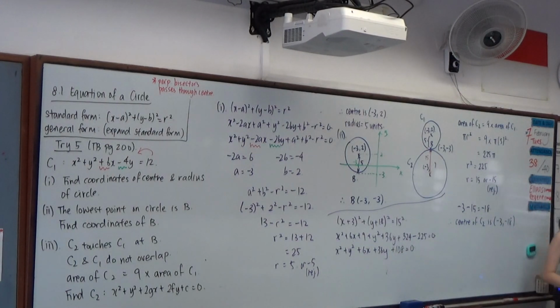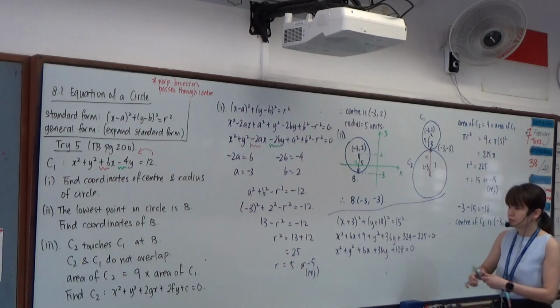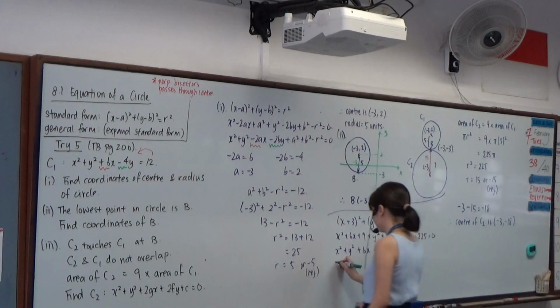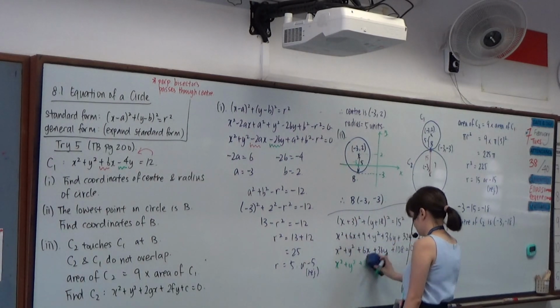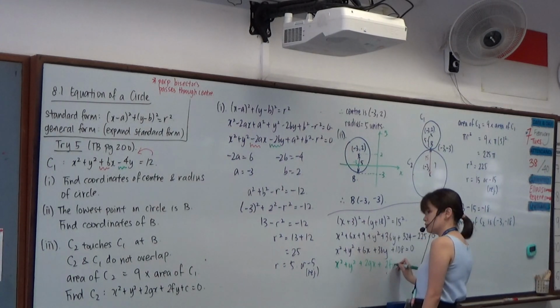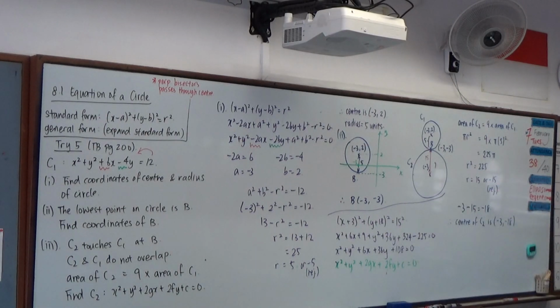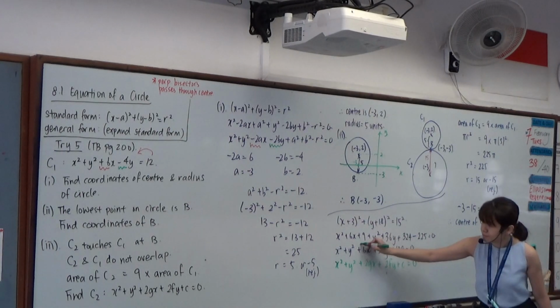Upon expansion and simplification, we get the general form. And then we compare it to your x² + y² + 2gx + 2fy + c, the one given in the question. So we just do comparison.